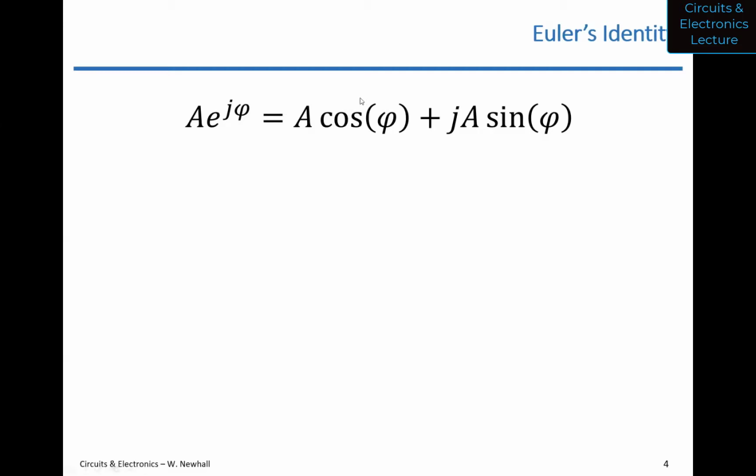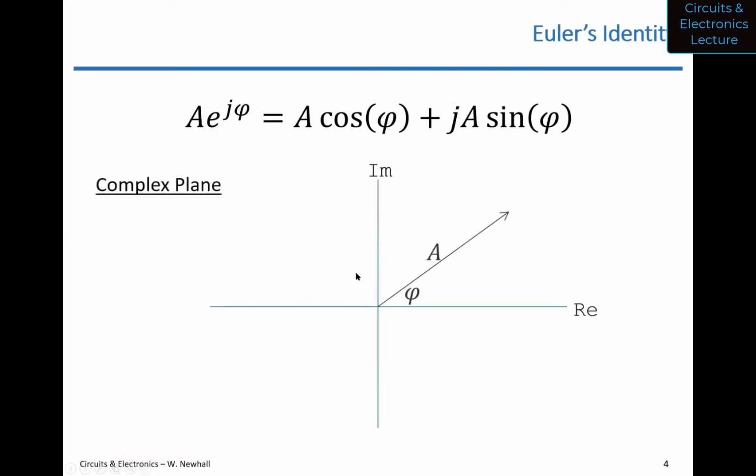It relates a complex exponential to sines and cosines. And this is what I drew. I said if you have some point in space, you can describe it in polar form or Cartesian form using trig.